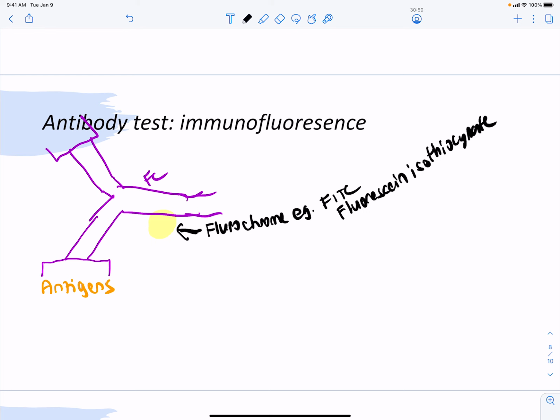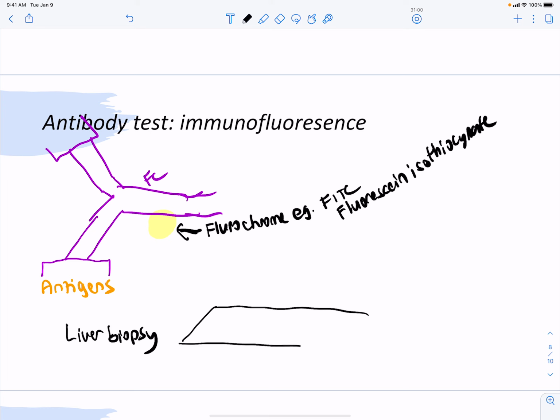So, for example, if you take a liver biopsy, you can basically cut the liver, the hepatocytes, and you can put them on a slide. So here's our hepatocyte. And these are very thin sections, but you can still see the structure of your hepatocyte, the cell.